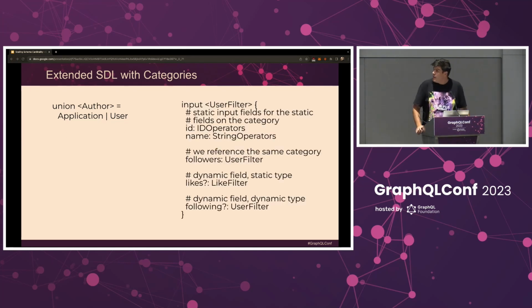And then, not to belabor the point, user filter, again, is an input object category. Like object types, you can have that 2x2 matrix of static and dynamic things. So I can have static fields, dynamic fields, and static field types, dynamic field types on each. It's just going to depend on what your application is, where it makes sense to use those things.